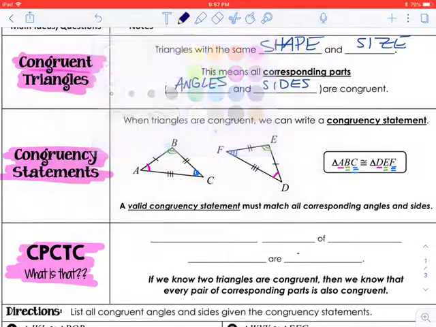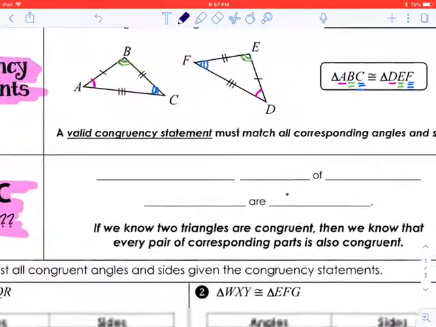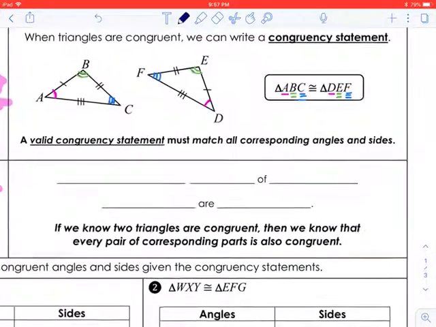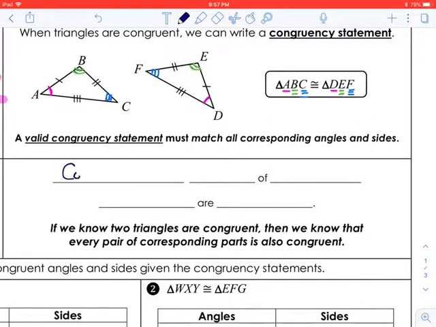And then CPCTC, this is something that we'll talk about later on when we're talking about congruent triangles in proofs, but CPCTC just stands for corresponding parts of congruent triangles are congruent.